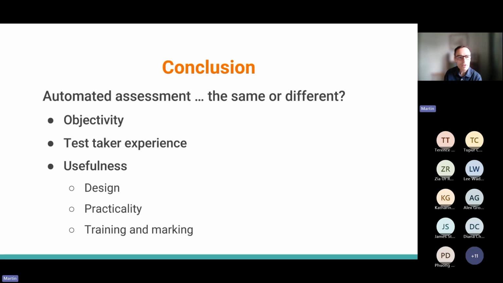Test taker experience. There might also be an assumption that working with an automated test, the test taker experience might be less positive, that most students would prefer to interact with a human speaker. But there's quite a lot of research around this which shows that that's far from true for everybody.